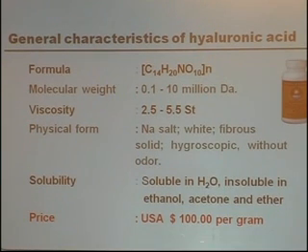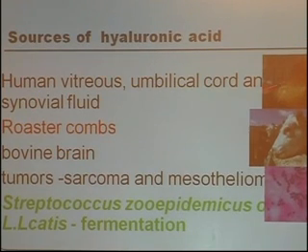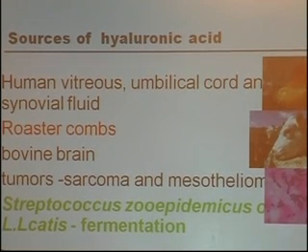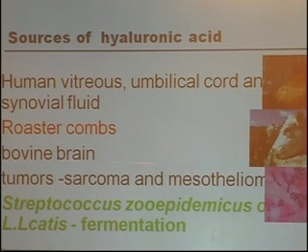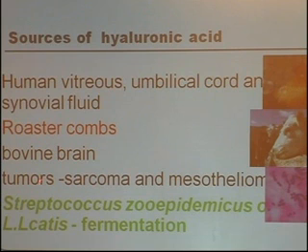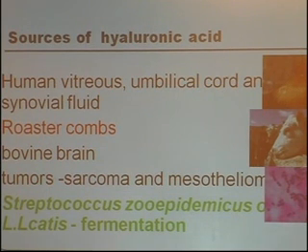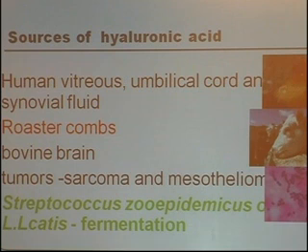But the medical application grade costs about $100 per gram. So as I said, for these medical applications it is produced from the rooster comb, extracted from the comb of the rooster by a chemical method. Of course, you can also get it from the bovine brain, but then of course there are many tumors and sarcoma and other cells which also contain this hyaluronic acid.